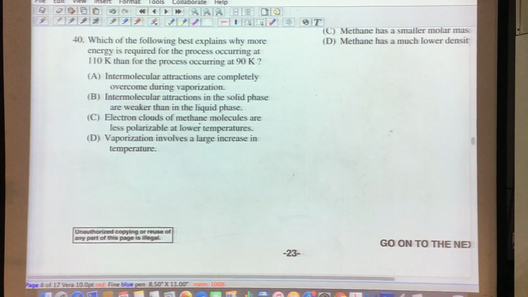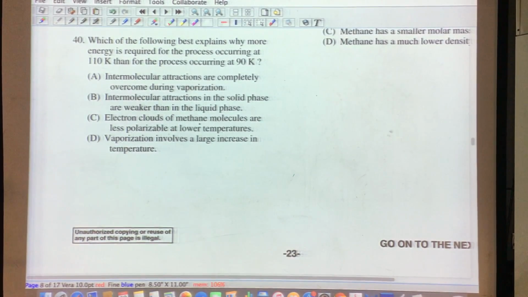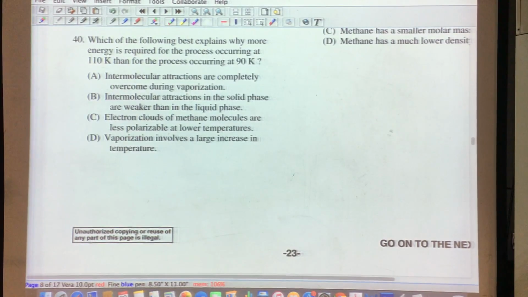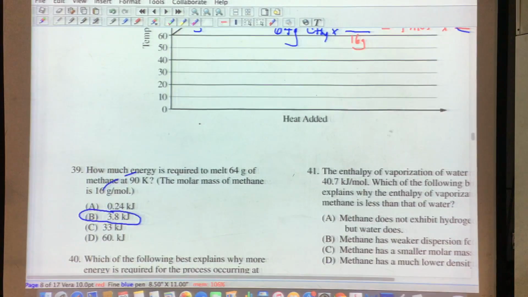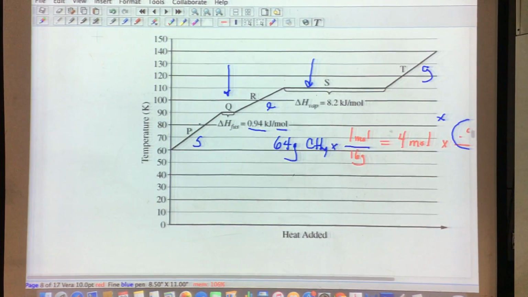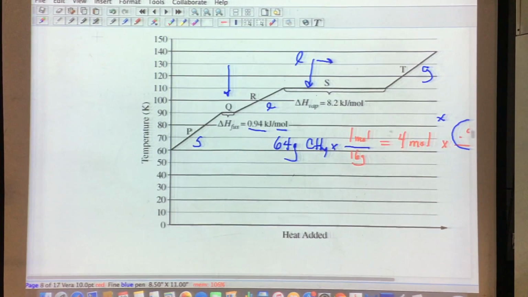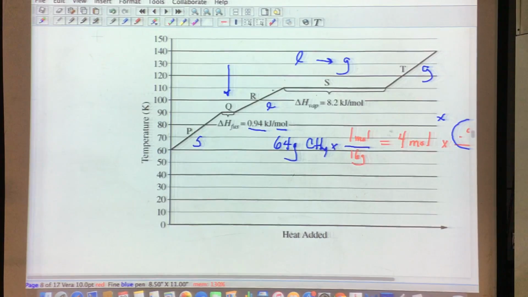Number 40. Which of the following best explains why more energy is required for the process occurring at 110 Kelvin than the process occurring at 90? If you don't remember, at 110 Kelvin we've got a liquid going into a gas, which takes tremendous energy. So we've got a phase change, heat of vaporization.